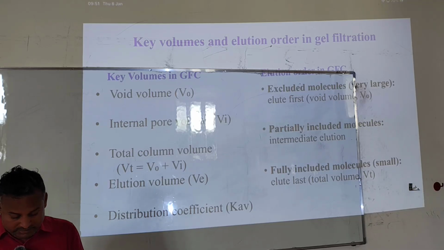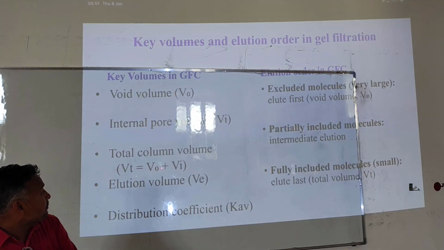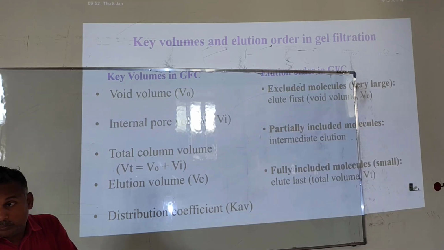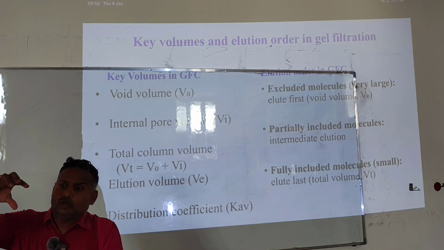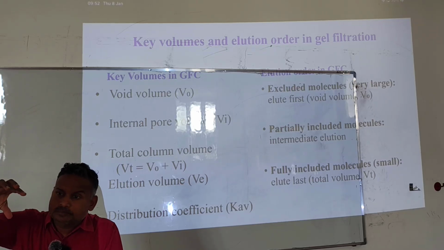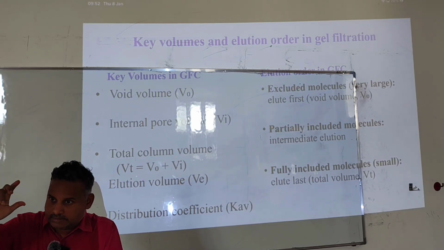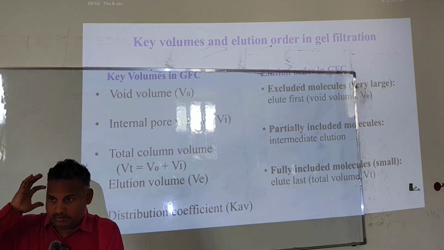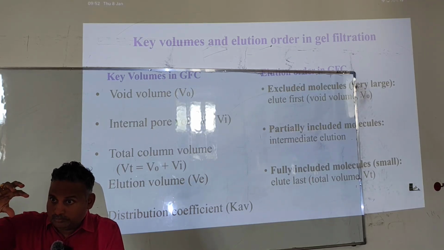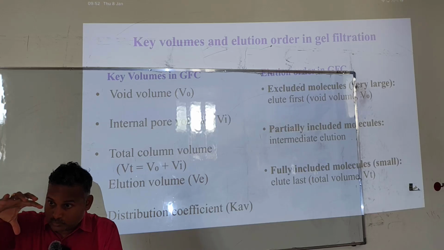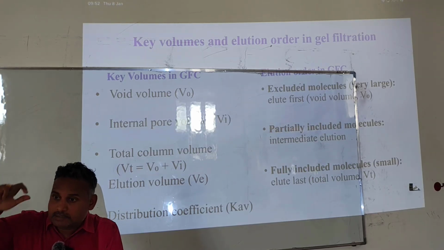VT is equal to V0 plus VI, where V0 is void volume and VI is internal pore volume. Void volume means the volume of the column between the particles, the volume of all the column packing between the particles.